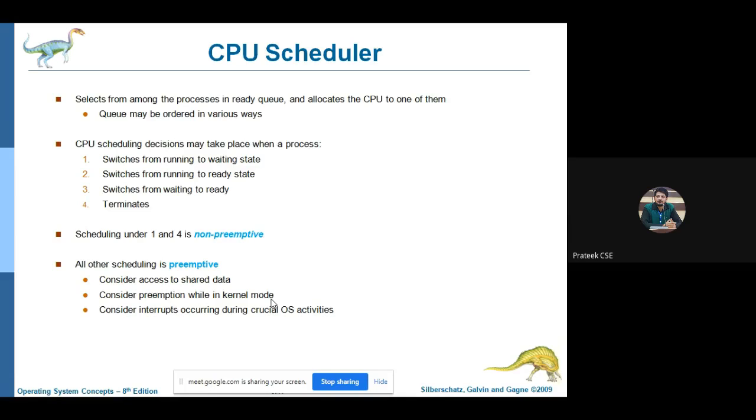It has to choose any one process from the ready state and allocate that process to the CPU. And I discussed two important terms: the very first is non-preemptive and the second is preemptive. In the next few lectures, we are going to use these terms, so you must remember the meaning.